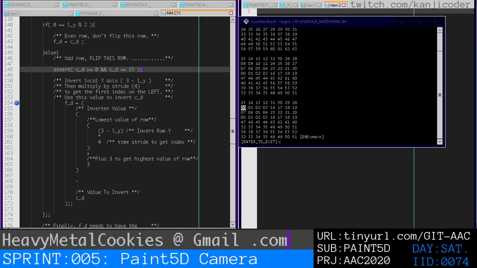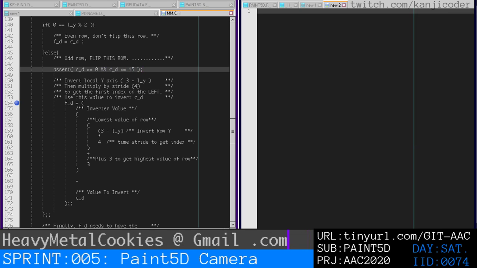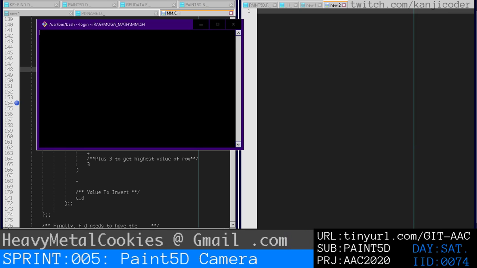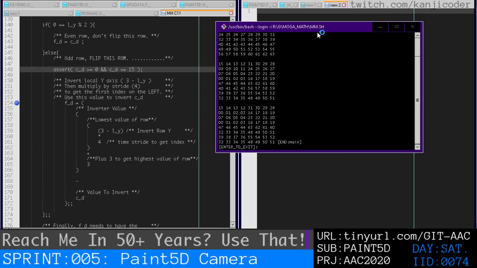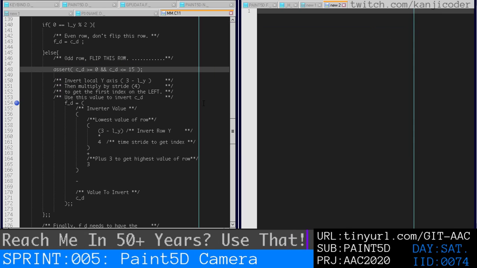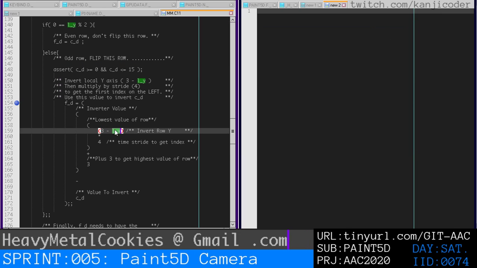Let's give that a shot. Let's make sure that assert isn't failing, because something isn't quite right. So that's like my first guess. So that's not improper.